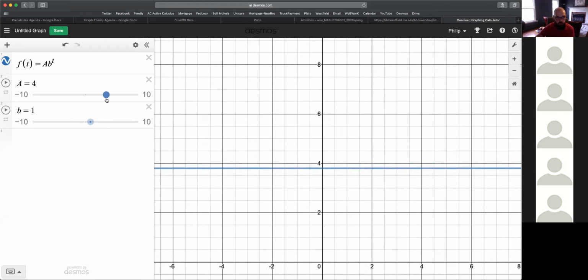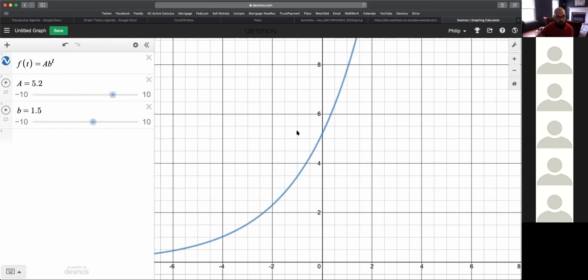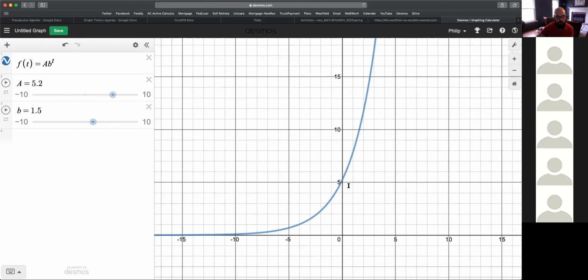So again, linear function, not something that we want to include as an exponential function. But if we make it something different, you'll notice that we get this characteristic swoop, right? So we can bend this up and down with a, and we can bend like this for b.